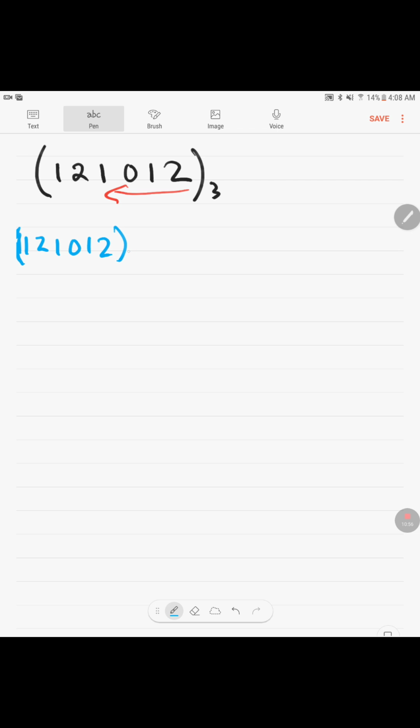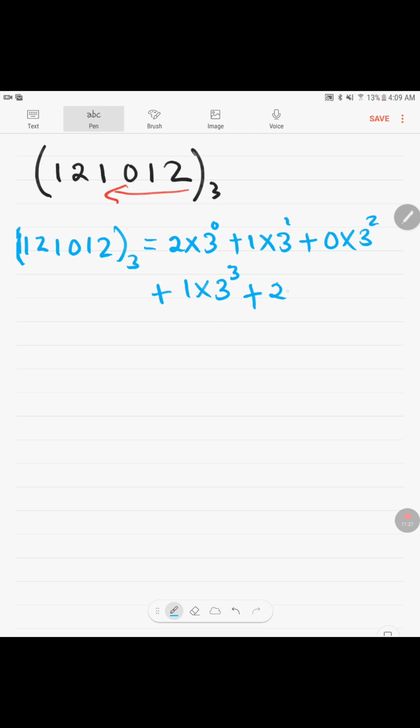So 1 2 1 0 1 2 in base 3 is equal to 2 times 3 to the 0 plus 1 times 3 to the 1 plus 0 times 3 to the 2 plus 1 times 3 to the 3 plus 2 times 3 to the 4 plus 1 times 3 to the 5.